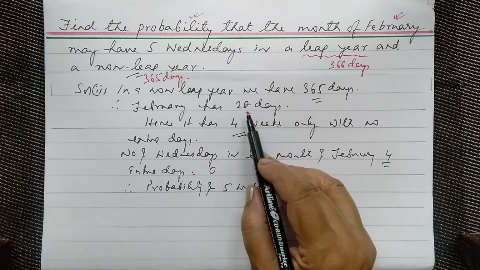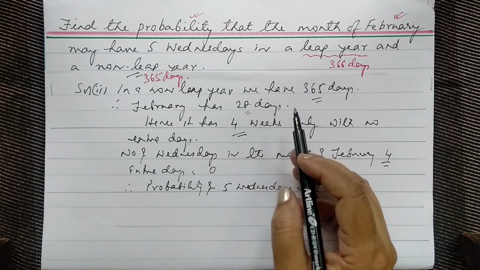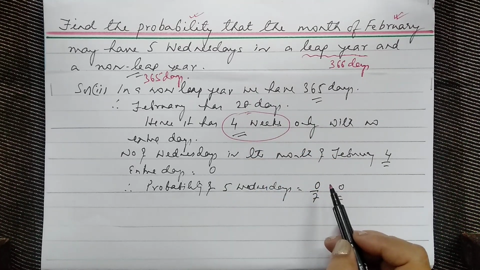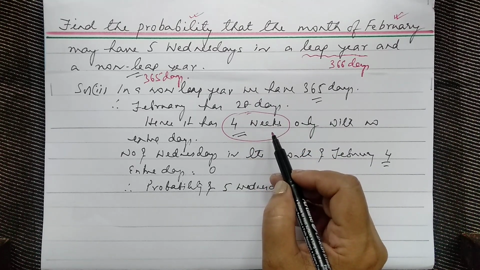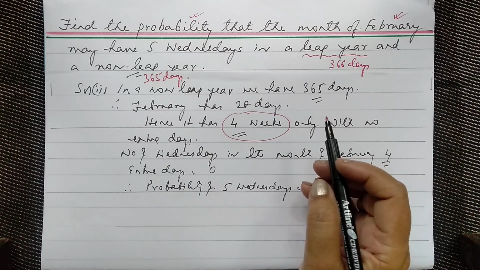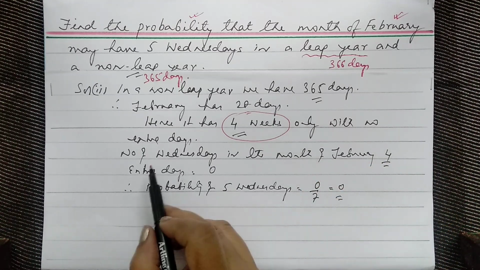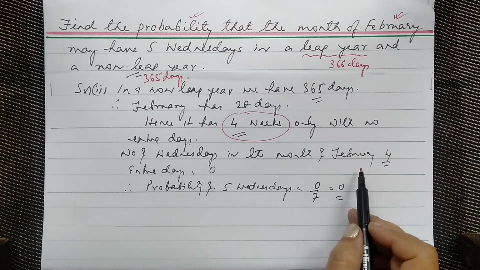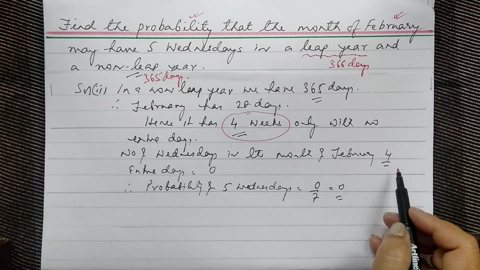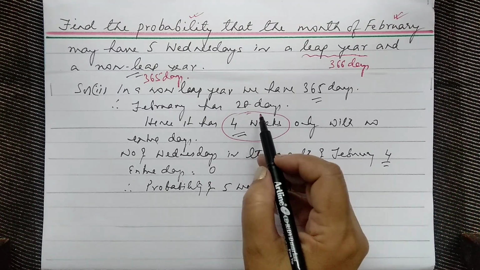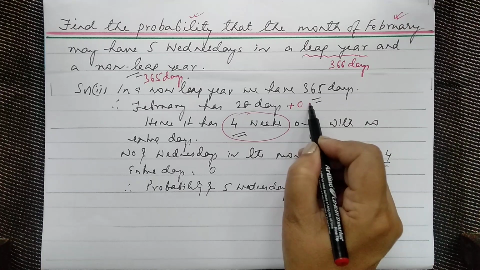If it has 28 days, that is equal to 4 weeks. 4 weeks will be occupied by all the 7 days in each week, which means the number of Wednesdays in the month of February would be 4, not more than that, since there aren't any extra days: 28 plus 0 days.